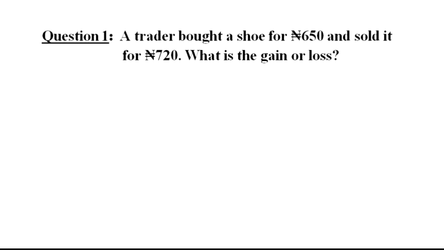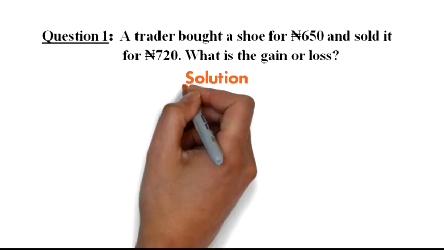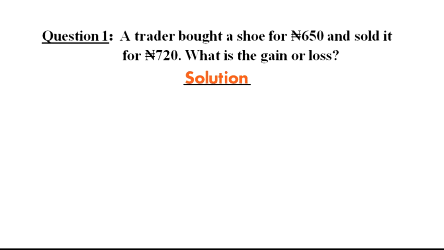Question 1. A trader bought a shoe for 615 naira and sold it for 720 naira. What is the gain or loss? To solve this question, we will first write out the cost price and the selling price. From the question, the trader bought the shoe for 615 naira.